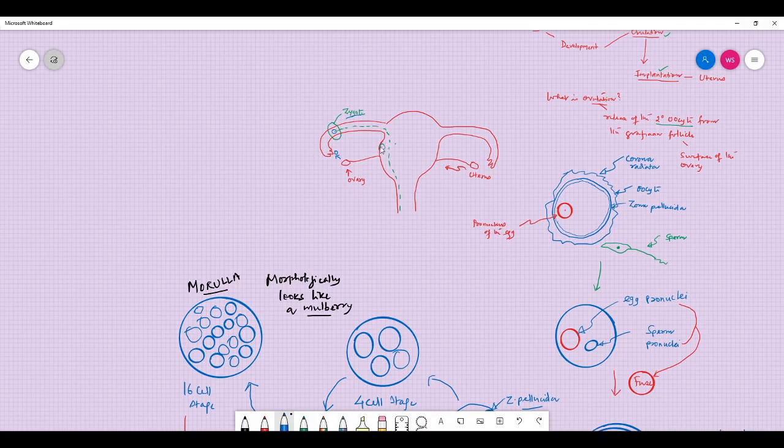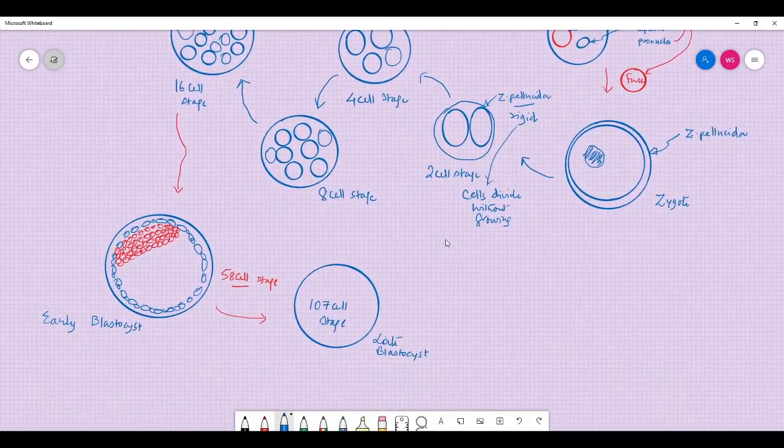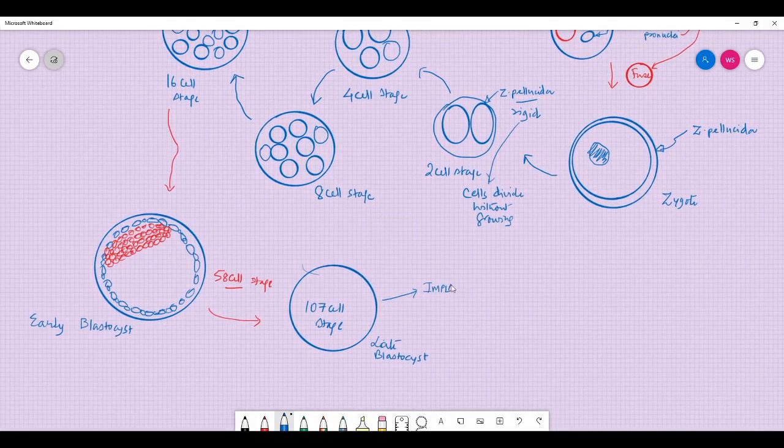So the blastocyst stage is when it actually gets implanted. Late blastocyst stage, we can say it gets implanted within the walls of the uterus.